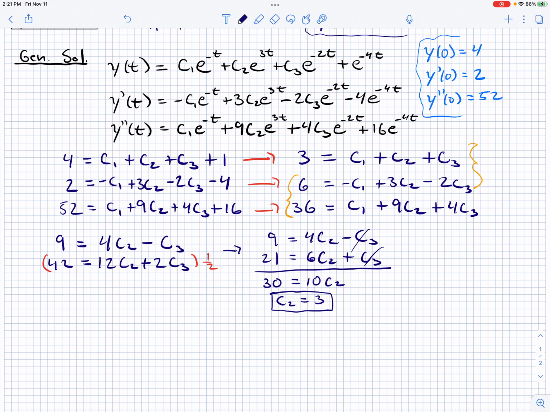Which in turn helps us figure out what C3 is. We know what C2 is. C2 is 3, so 4 times 3 minus C3. We can find C3. That's just going to be 12 minus 9, which is 3.